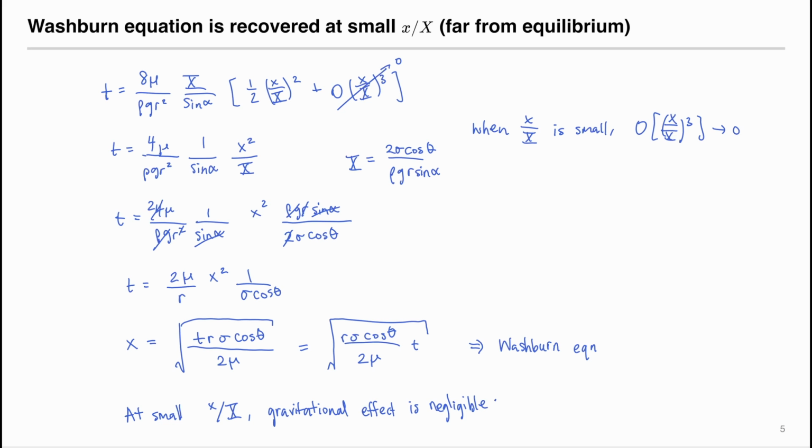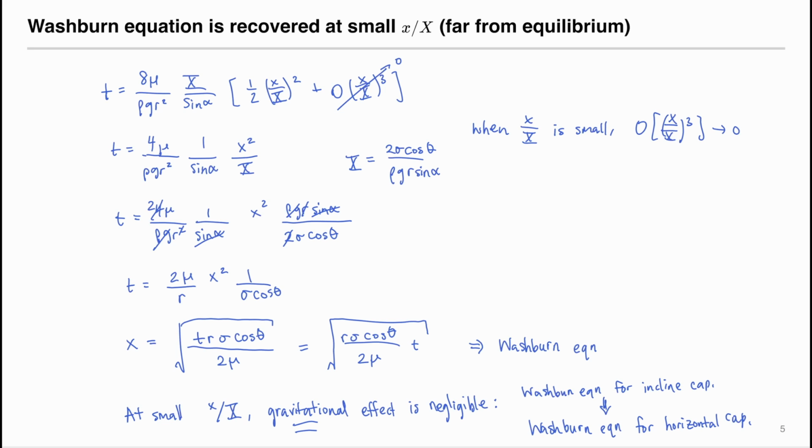Because the Washburn equation for an inclined capillary is reduced to the Washburn equation for a horizontal capillary. So the gravitational effect is negligible.